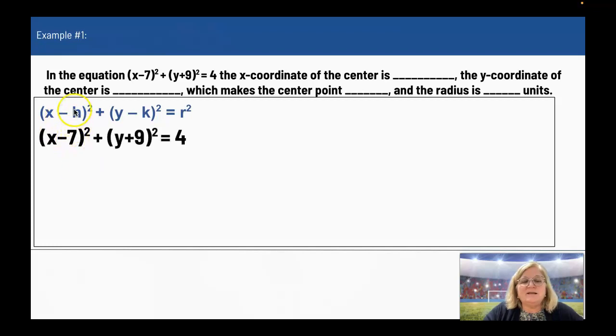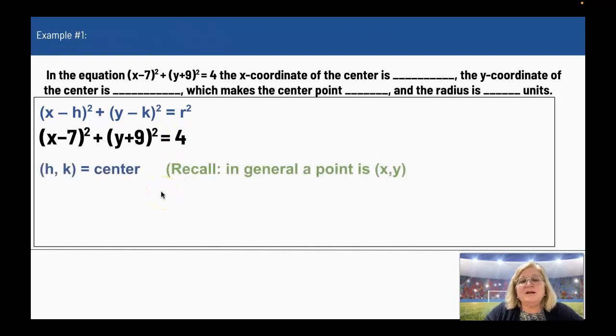The 7 and the h match up. The 9, it has to be a minus sign here, so that's a -9. And my radius is going to be the square root of 4, which is 2. So my center point is 7, -9, and my radius is 2.